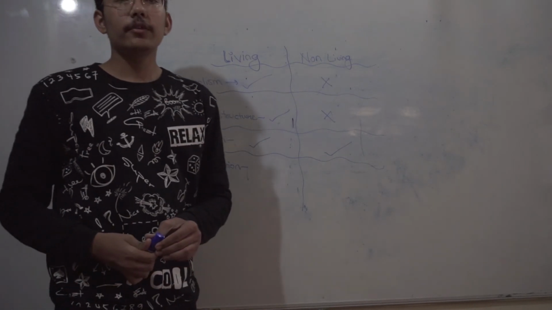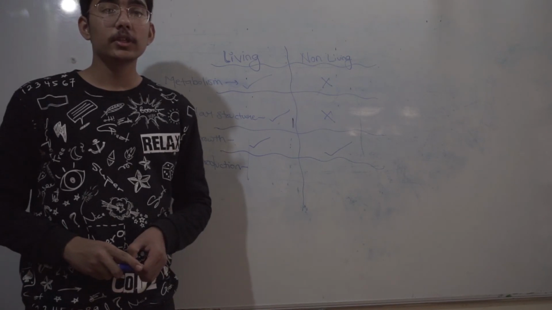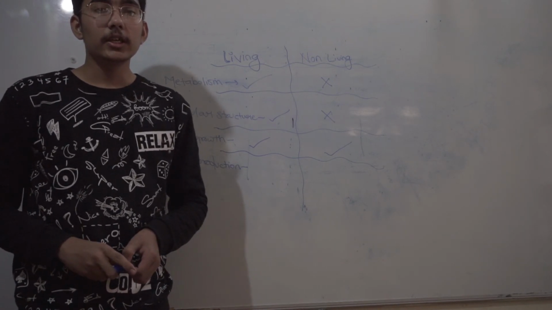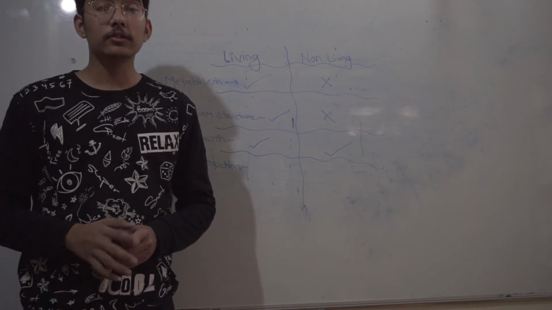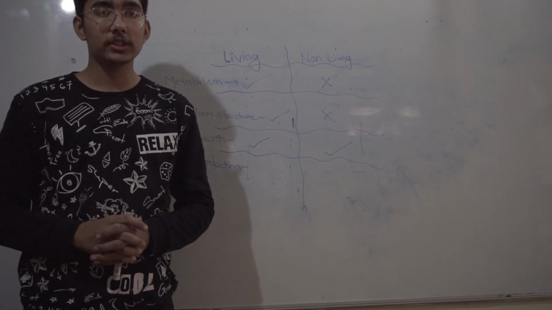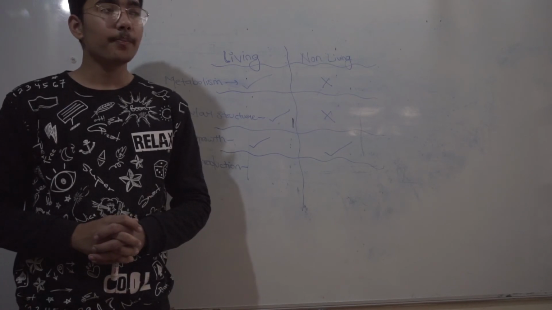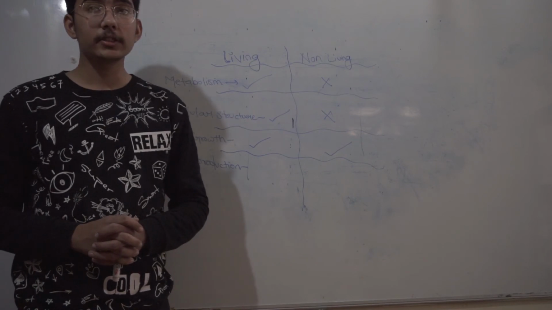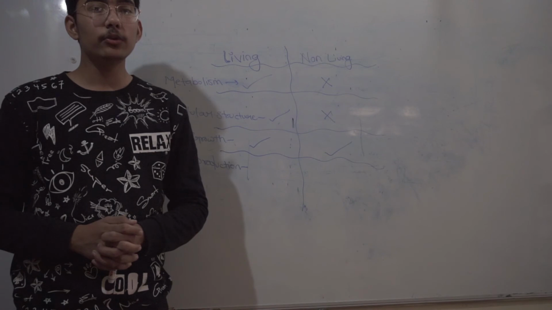One thing I have to clarify is that there are some exceptions which say that reproduction is not universally present in all living ones. There are some exceptions like worker bees and mules, they do not reproduce.